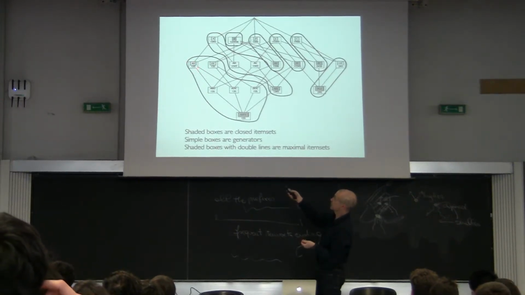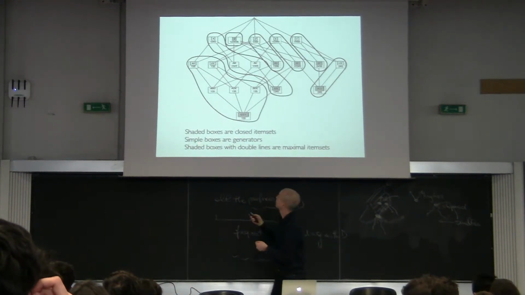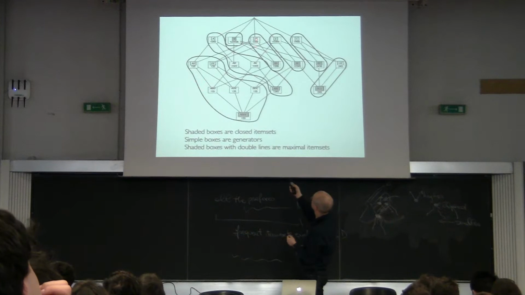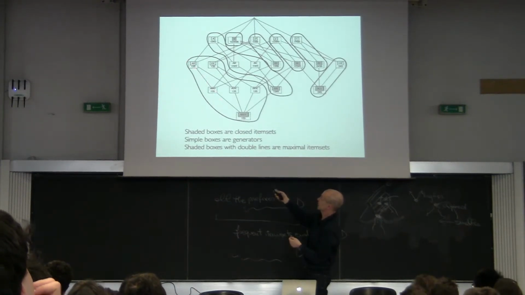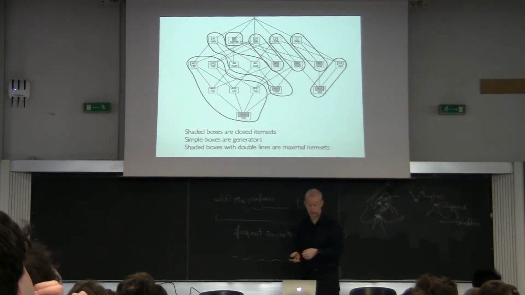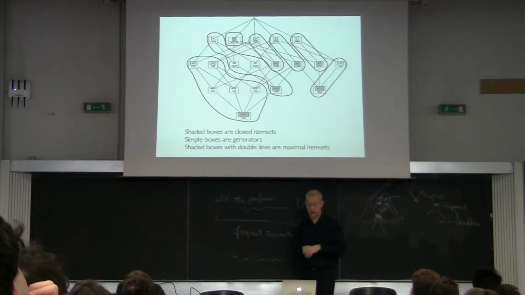So above here, I can have something that is either 4 or 5. That's 4. But you see here it is not a closed one, because ABD actually has the same support.